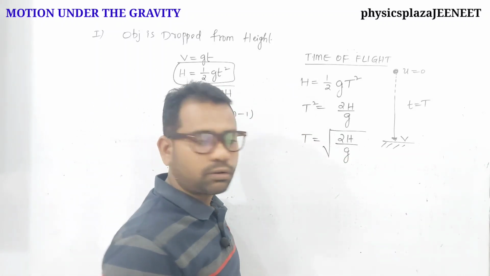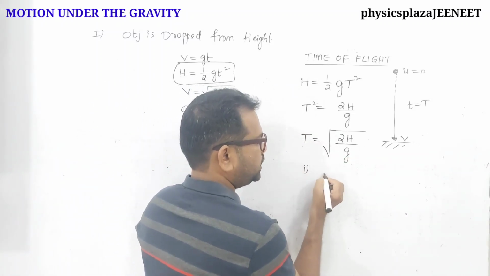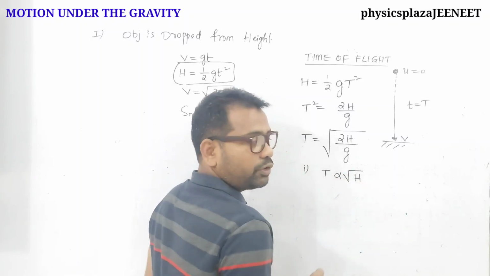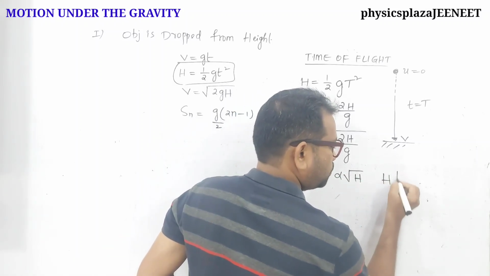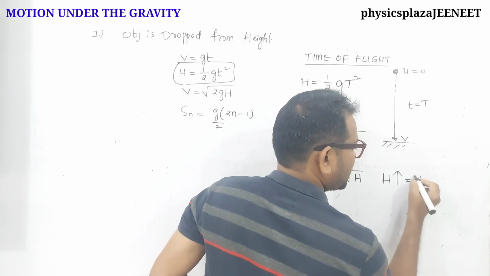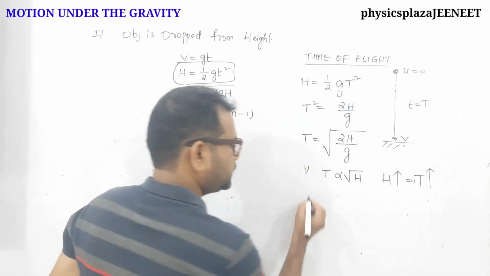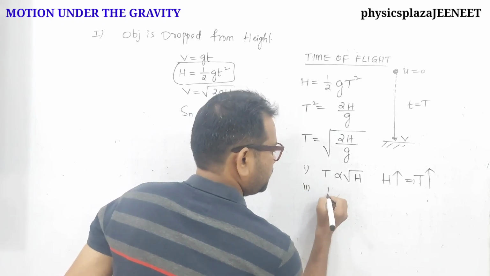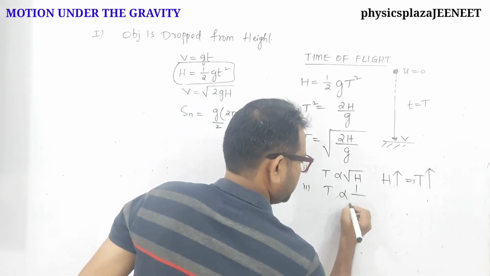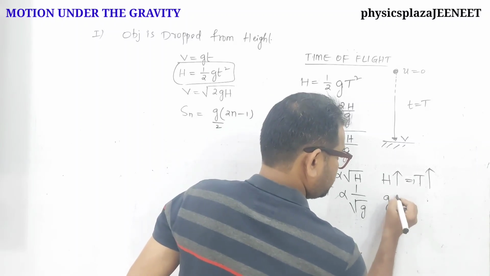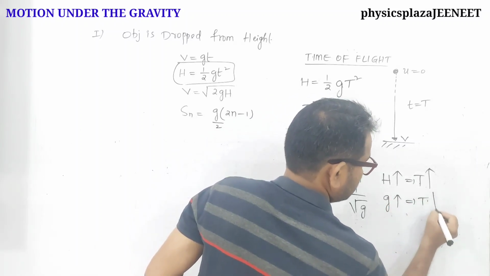Three points we can conclude here, children. The first point is that time of flight is proportional to the square root of the height, which means if the height is more, obviously the time taken to reach the ground is also more. The second point is that time of flight is inversely proportional to the square root of g. If g is more, then time of flight is less.